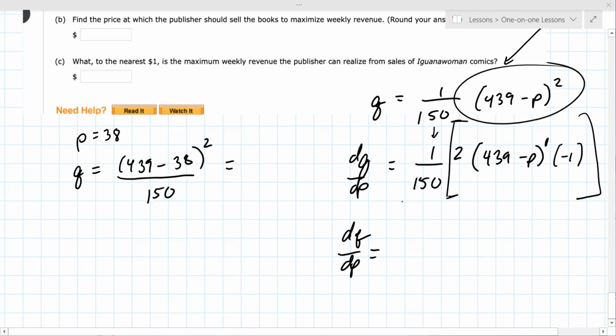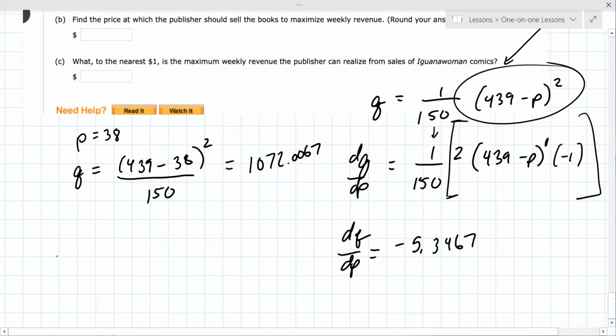All right. So I get Q is like 1072.0067, and then I got dq/dp too. Great. And then this one is minus 5.3467, roughly.